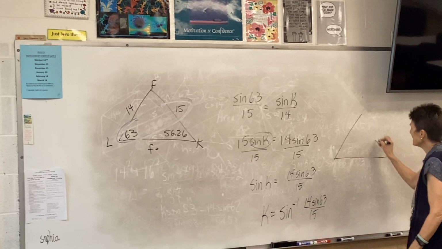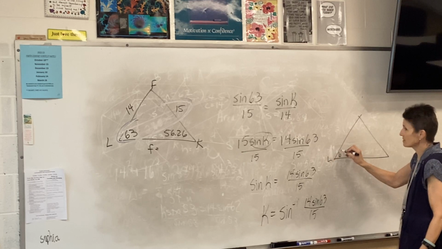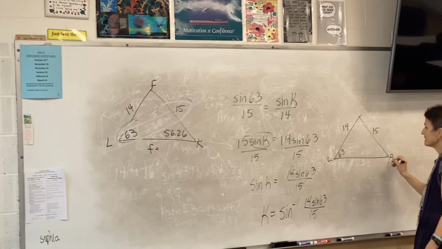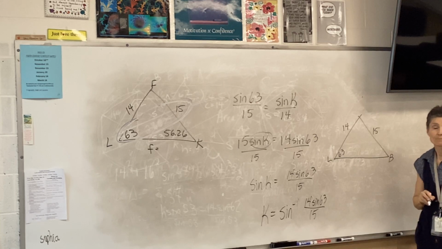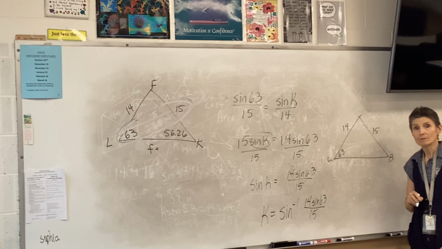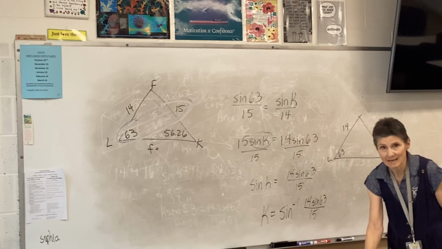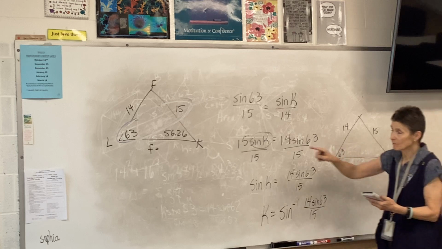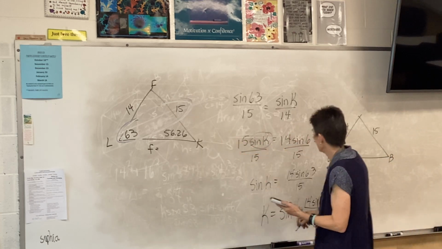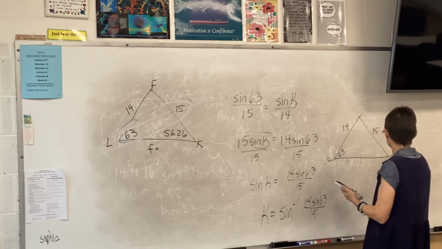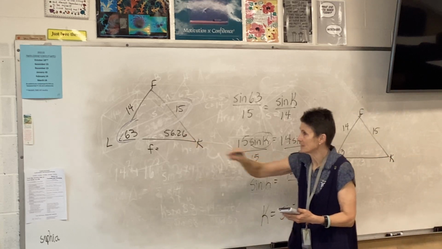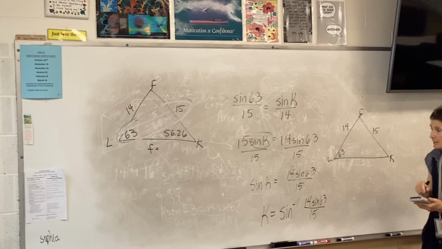So we immediately have to ask ourselves, could there be a second triangle? And remember, if there is a second triangle, that angle, you just found angle K to be 56.26.